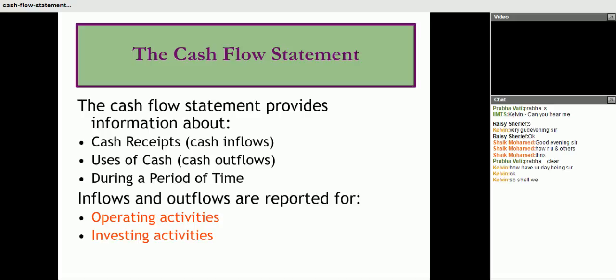Operating activities means day-to-day activities of the organization. Investing activities means where the organization is investing their money. Financing activities. So clear so far? Any doubts? If anyone of you has any doubts, you can ask me.